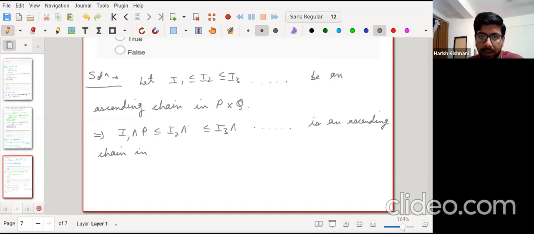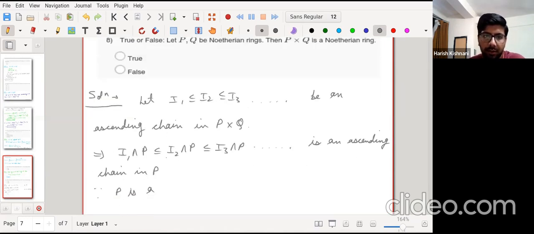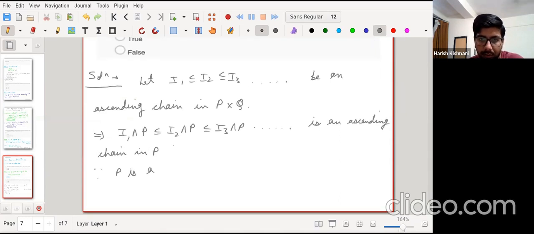So it's an ascending chain in P. Now, since P is a Noetherian ring, this will terminate.